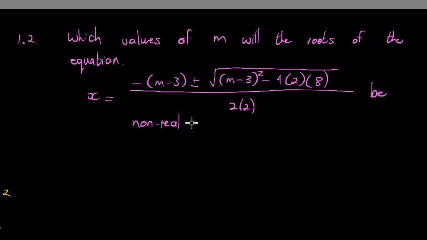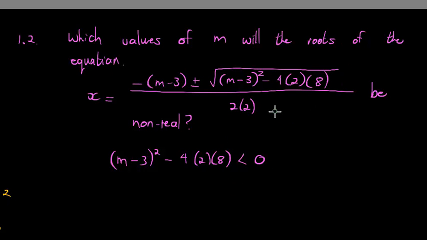This is totally, utterly just to intimidate you. It's a very simple question. When do we have non-real roots? Yeah? Excellent. So when (m minus 3) squared minus 4 times 2 times 8 is negative.